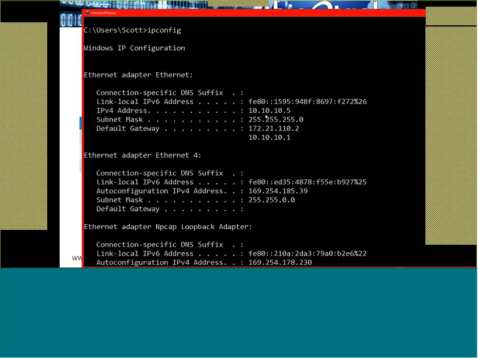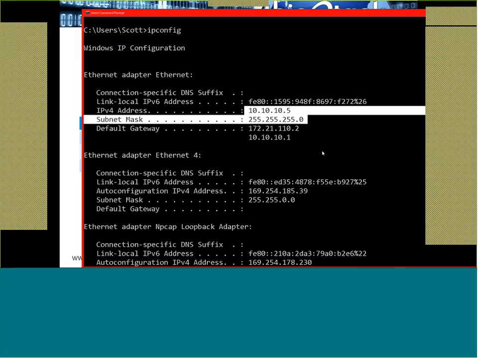Is this a classful address or is it classless? It's classless. How do I know it's classless? Because the address and the mask don't match. 10 should be a /8, but it's not. It's a /24. It's just a subnet.